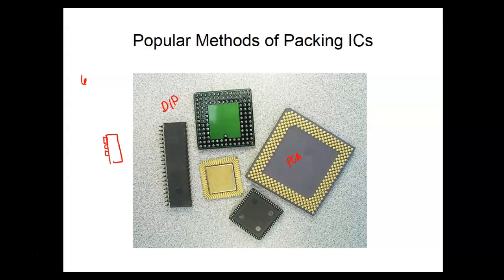And we can still get those. Those are still very popular, especially for your optical isolators. Then we went to 14 pin, then 16 pin, then 18 pin, then 20 pin using this same spacing right here.